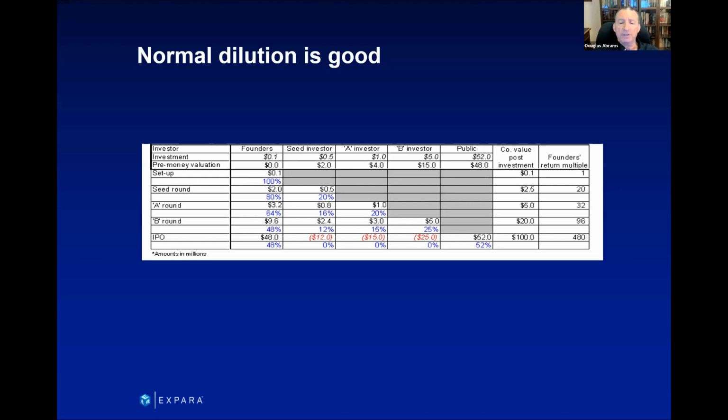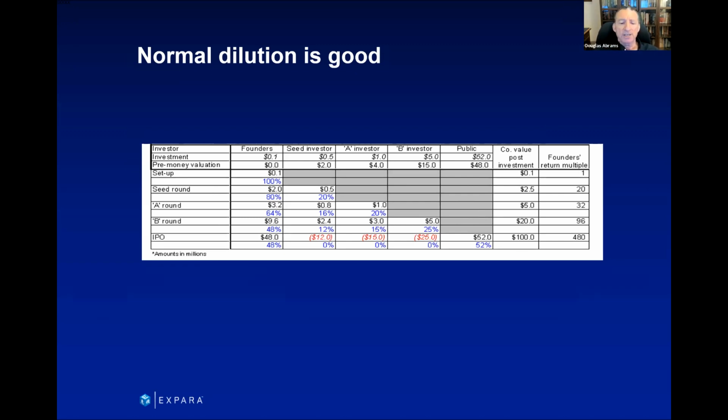It might look from the previous pie chart like dilution is bad, but actually dilution is not bad. Dilution is good because if there's no dilution, this means the startup didn't raise any more funding after your round. And in most cases, when the startup doesn't raise any more funding after your round, it means the startup didn't make it.